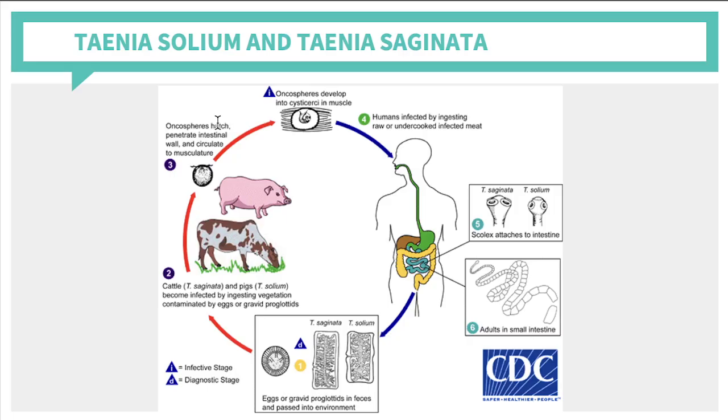If we go back here to the life cycle, the main pathogenesis of the disease is brought about by the Cysticercus cellulosae for solium. This is part 1 here. The egg is taken by the animal, but you can also get the infection by not just eating the meat, but also by eating or ingesting the egg or the gravid proglottid.